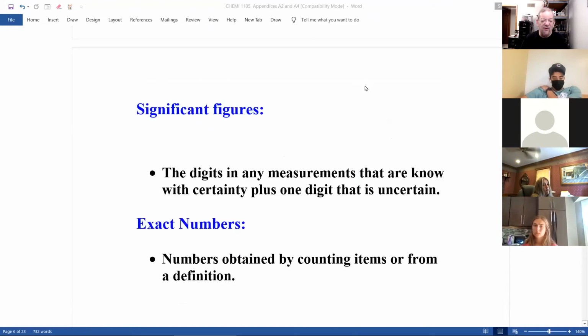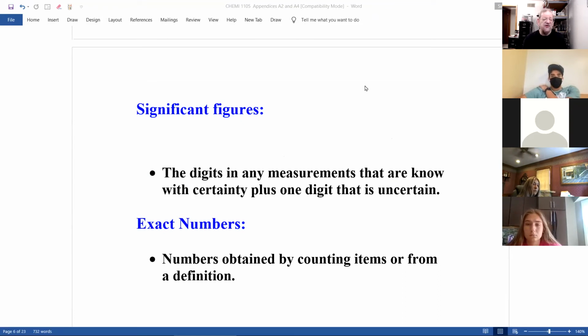We talk about what's called significant figures. I'll never ask you what a significant figure is. When you get a number, there are 2 types of ways you can discuss that measurement. One is significant figures. That's the digit in any measurement that's known with certainty plus 1 digit that's uncertain.